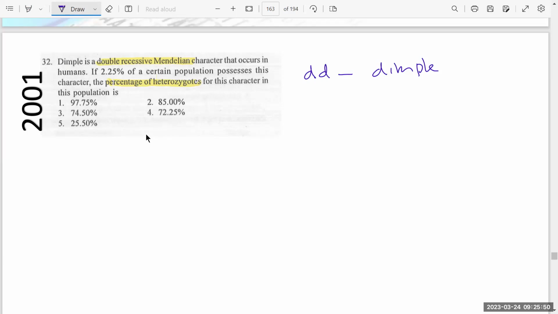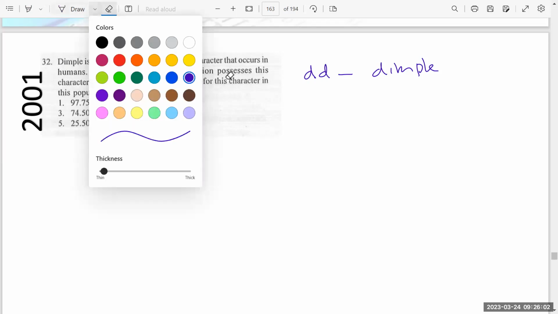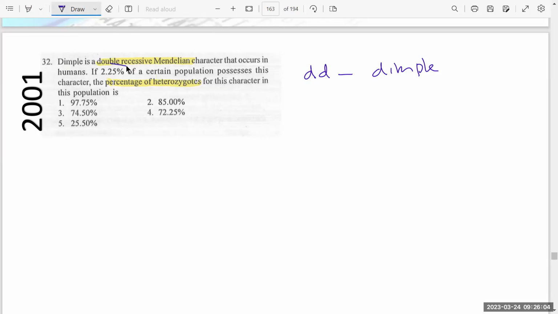An equation is not given here because this is an MCQ, and they haven't given the equation. This 2.25 represents this genotype. That means according to the Hardy-Weinberg equilibrium, p squared plus 2pq plus q squared equals 1.